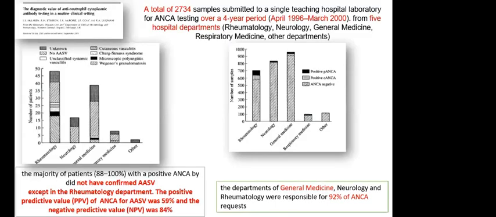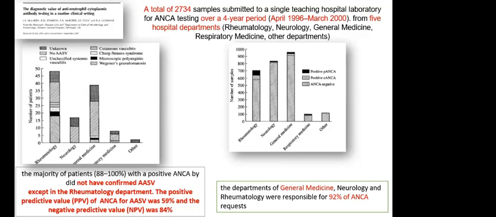The other study was also a retrospective analysis of 2,700 samples submitted to the laboratory for ANCA testing over the period from 1996 to 2000. Those samples were submitted from different hospital departments: neurology, general medicine, rheumatology, and respiratory.